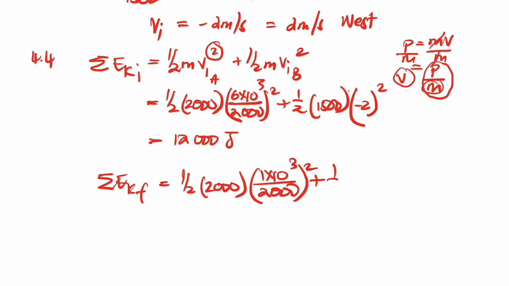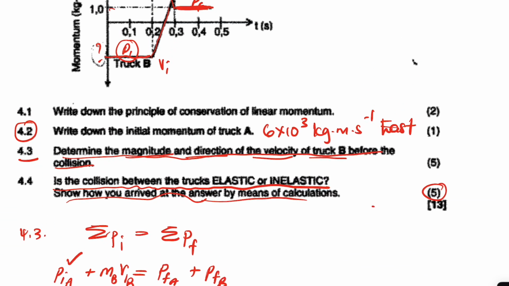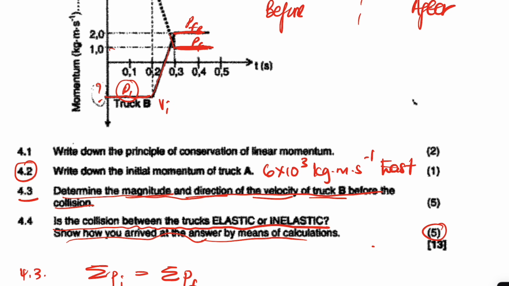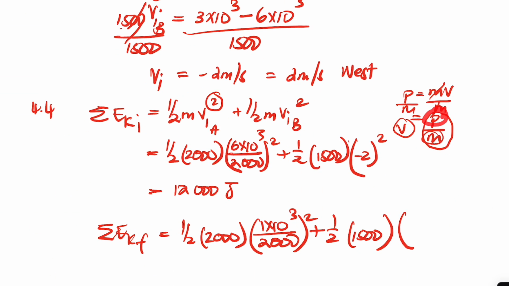And then plus half the mass of B, it's 1500, and then do we have the velocity after for B? The momentum after for B is 2, so we're going to say P over M, which is 2 times 10 to the power 3.